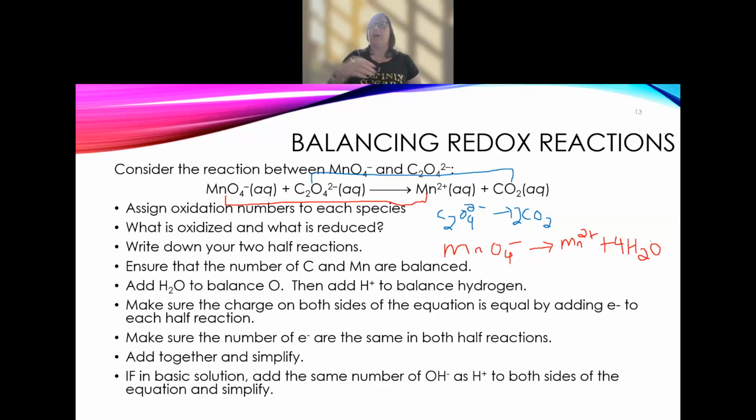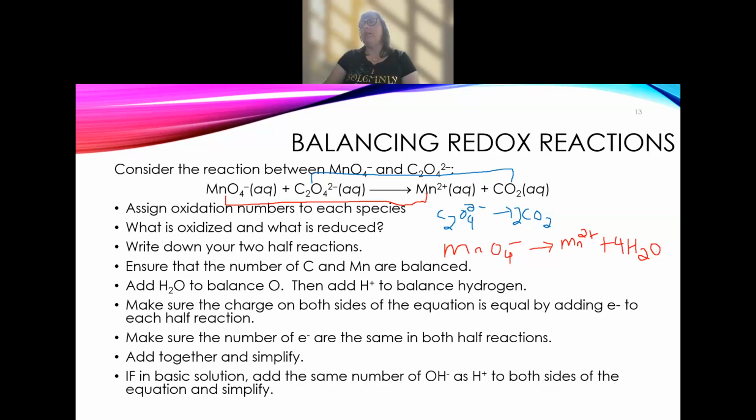Then I do the next line, balancing the C's, so it's C2O4 2- goes to 2 CO2. Then I have a line for my oxygen and I write okay, because I know it's fine. Either that or I draw a line to indicate that it was the one before it. Sometimes I'll actually even write it out again. It depends on how lazy I'm being, but that works better for me.